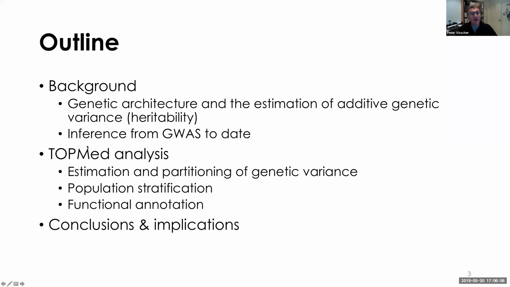And then I'll go on to the actual material in the preprint, the analysis of the TopMed data, where we estimated and partitioned genetic variation using whole genome sequence data. We looked in detail at population stratification and did a little bit on functional annotation. And I would like to end with some conclusions and possible implications of our findings.